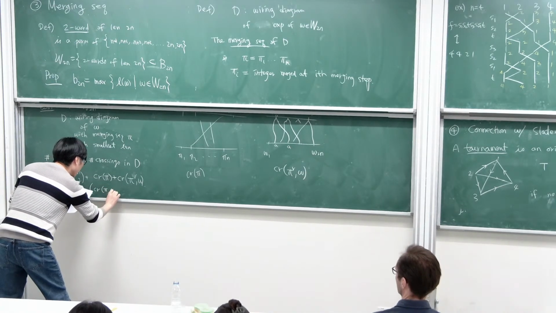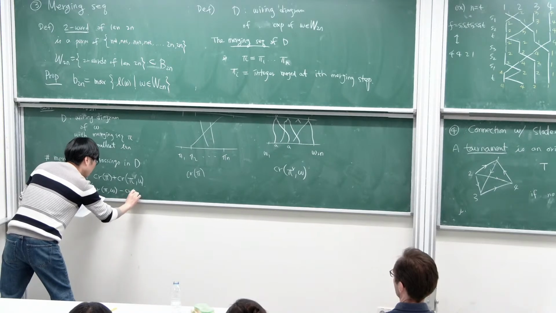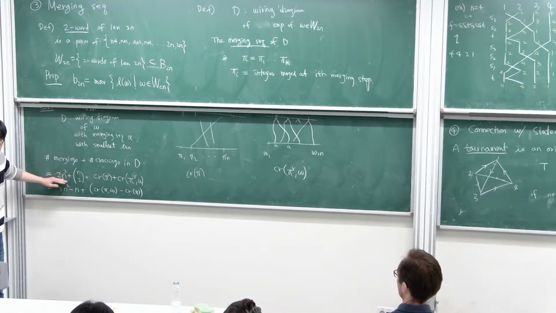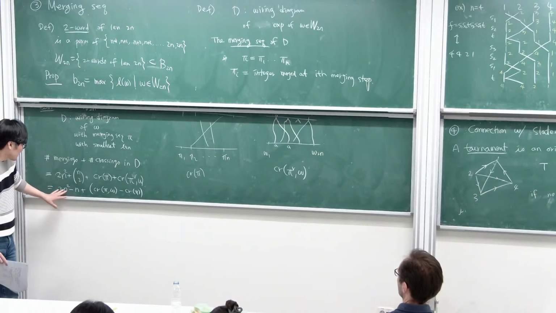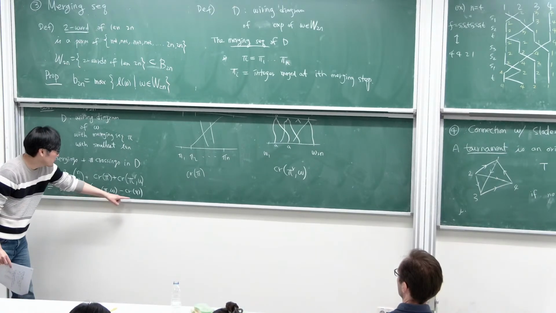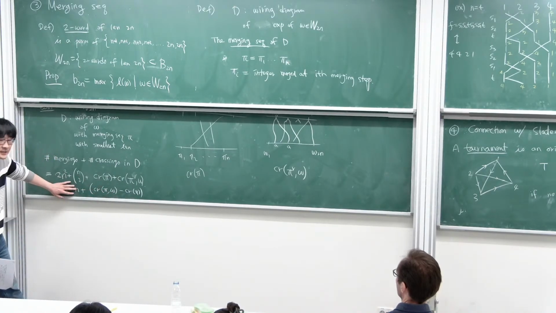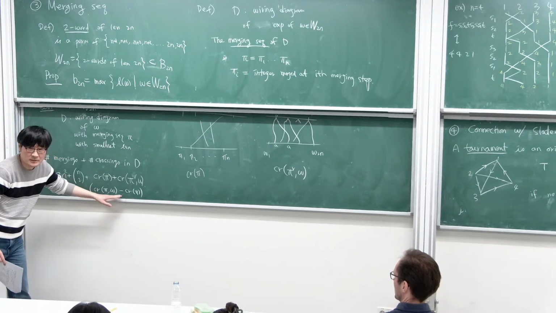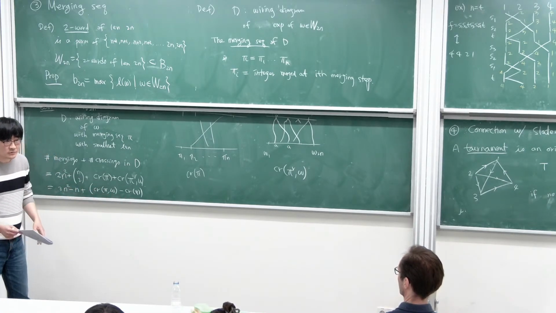Now we don't have to reverse. Yeah, these two are the same. That's easy to check. So what do we want to do? We want to minimize this, right? Because this is fixed. We want to find pi so that this is the minimum possible.